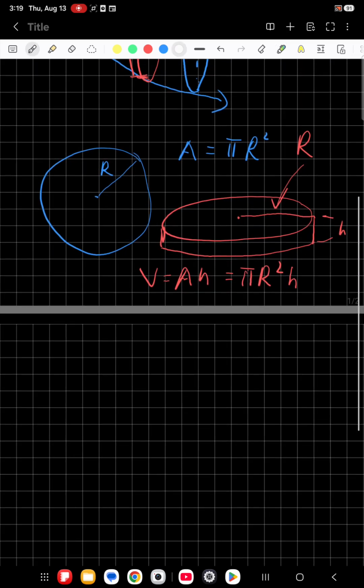So I'm going to take a sum from 1 to some number n, and we'll basically take the volumes of those disks and simply add them up, times h.